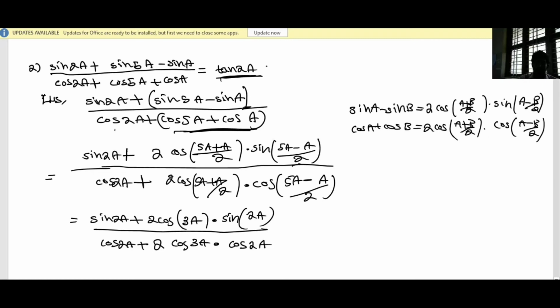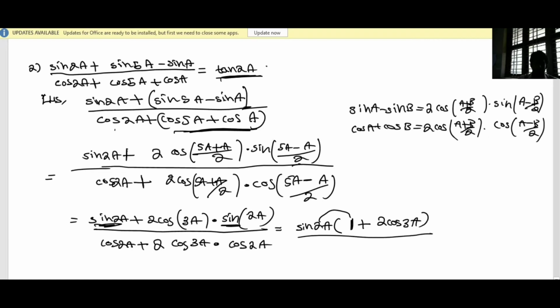In the next step, observe the numerator: here sin 2A is there, and here also sin 2A is there. That means for the numerator sin 2A is the common term. Take that sin 2A outside, into 1, because 1 into sin 2A gives sin 2A, plus the remaining term 2 cos 3A.